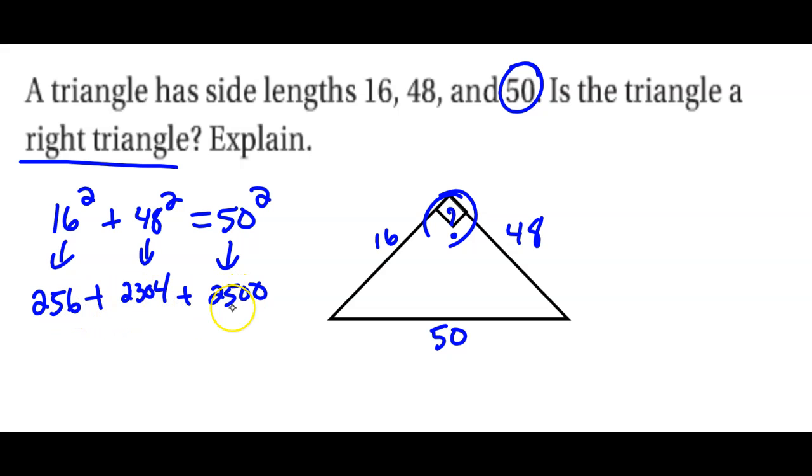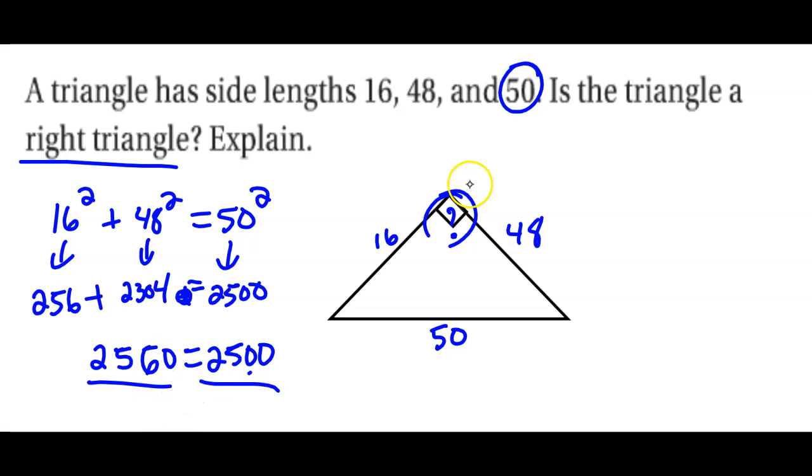So if these two add up to equal that, then we're in business here. But we get 2,560. Should be an equal sign right here, is equal to 2,500. This is not true. This is 60 more than this. So this is not a right angle. It's going to be larger than a right angle there.